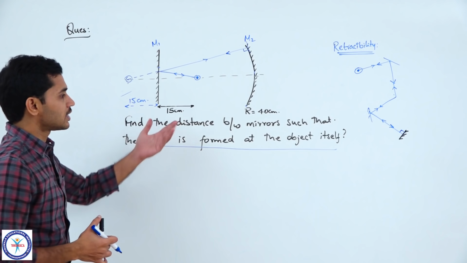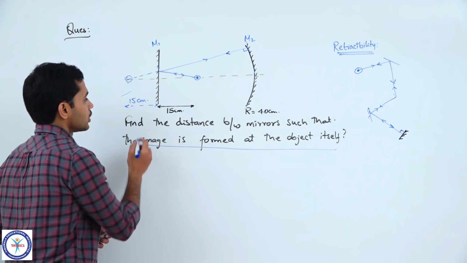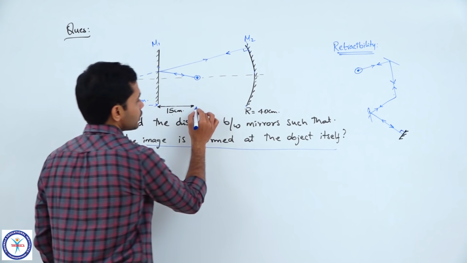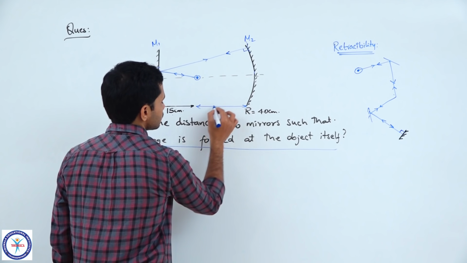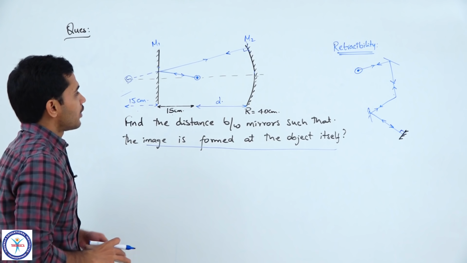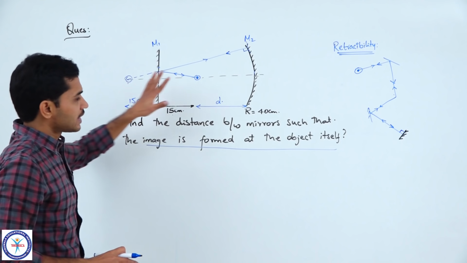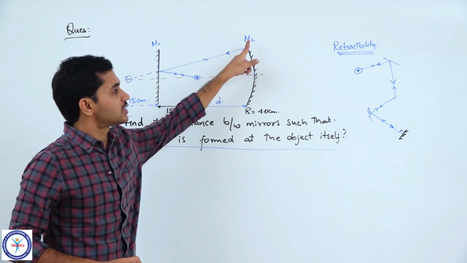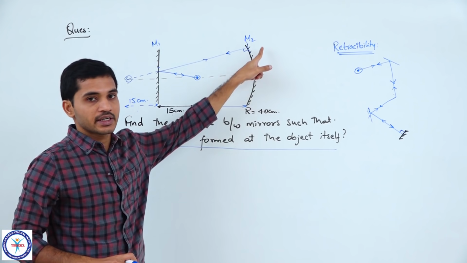So, now you can easily find out what this length should be. We know that this is 15, this is 15, and we need to find this length, which is some d, let us say. Now, I have told you that retraceability will occur if this point behaves like the center of curvature of this mirror, correct.